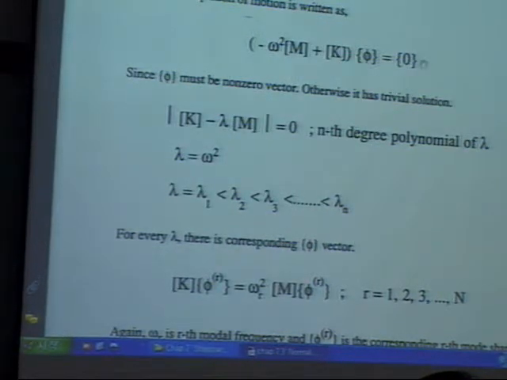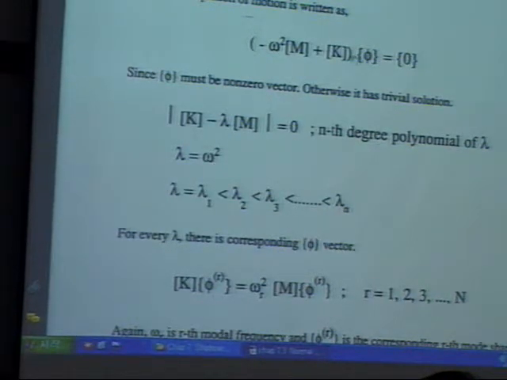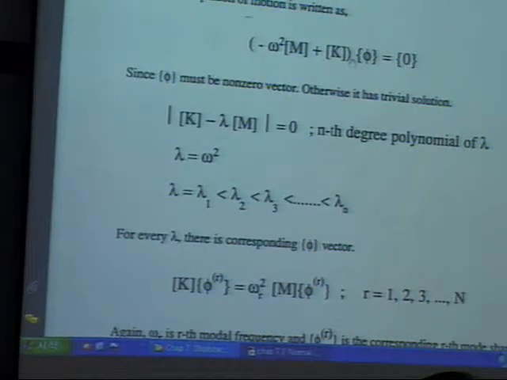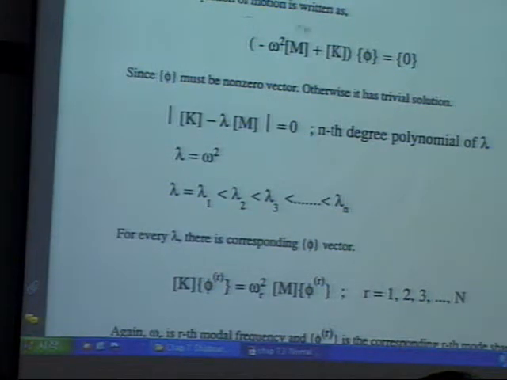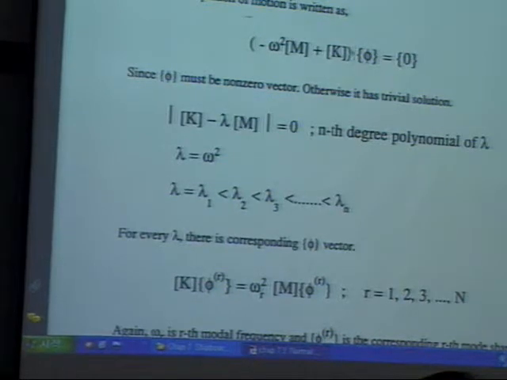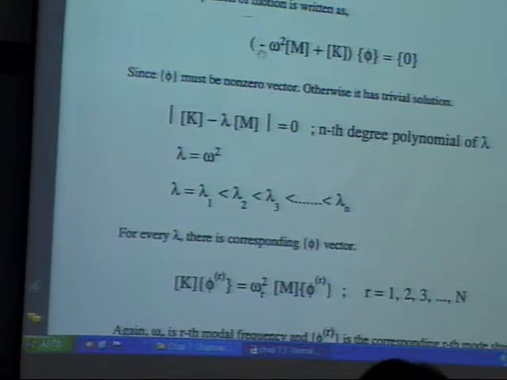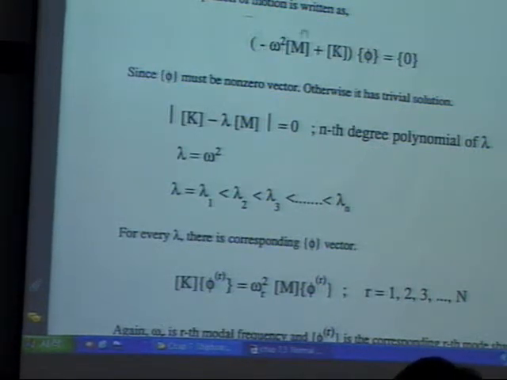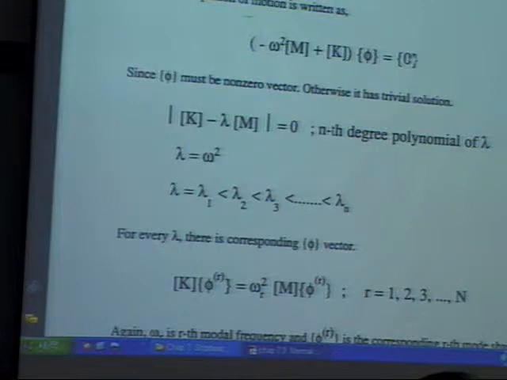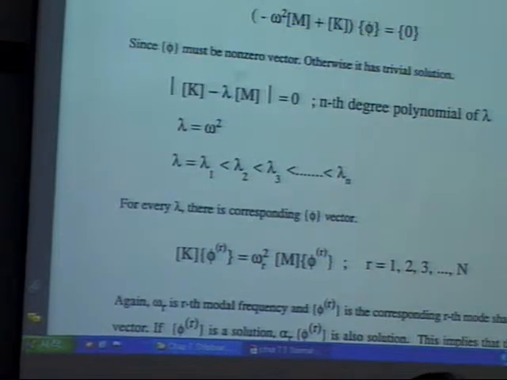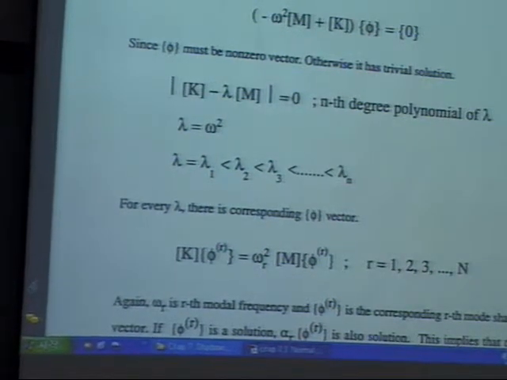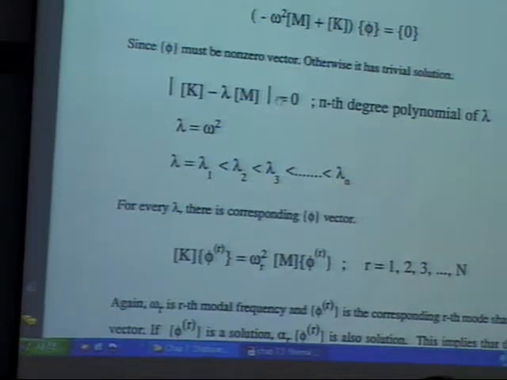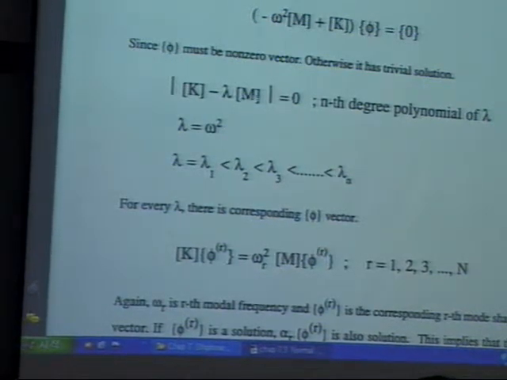From this equation, to have a solution, the determinant of this term has to be equal to 0. Otherwise there is no solution, because the right-hand side is equal to 0. So this determinant has to be equal to 0.